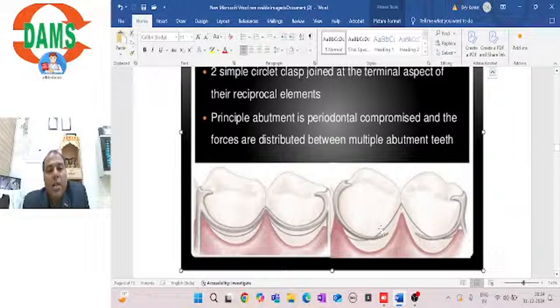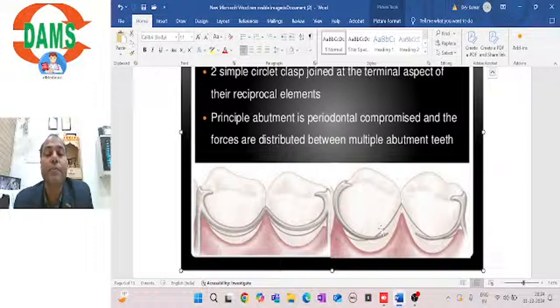So when the periodontal condition of the teeth is compromised, this will cause splinting effect and will distribute the forces among multiple abutments, right? So where the periodontal condition is compromised, you can give multiple circlet clasp. They tend to splint the teeth. Okay, clear? Okay.